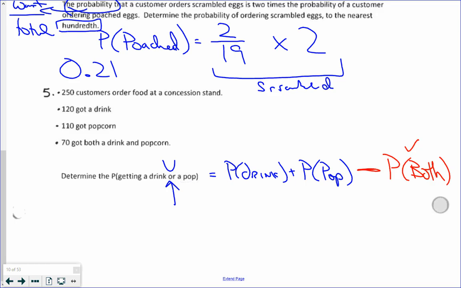So drink is 120 out of 250. Remember, want over total. So 120 over 250. Popcorn, I should say, yeah, this should say popcorn. Sorry. 110 out of 250.